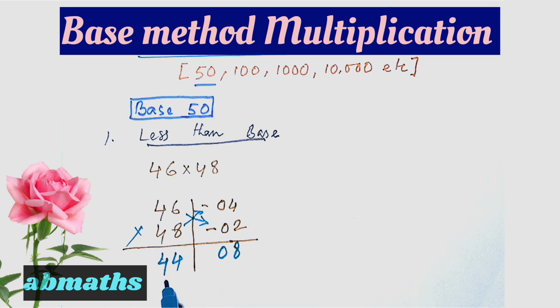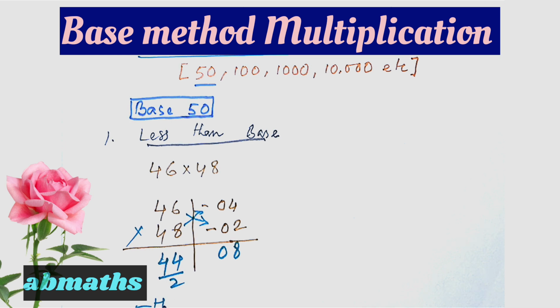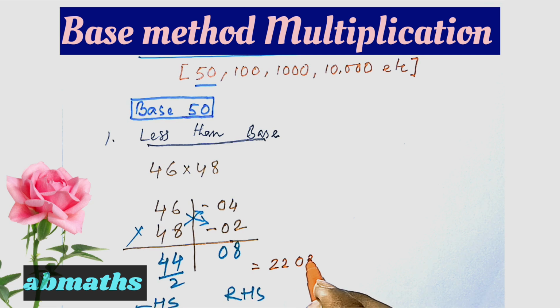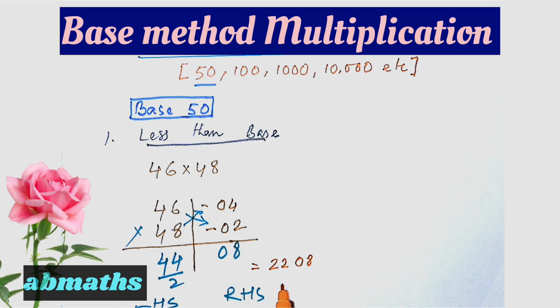This 44 we shall divide by 2. That means there are two parts here, left hand side and right hand side. So the left hand side we have to divide by 2. After dividing it, we get the answer as 2208. That means when we multiply 46 with 48, we get 2208.